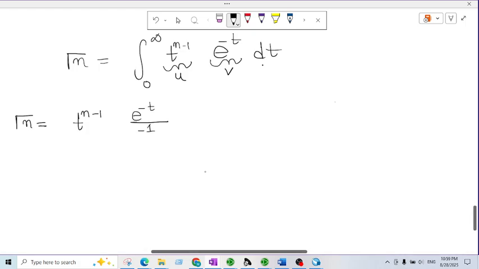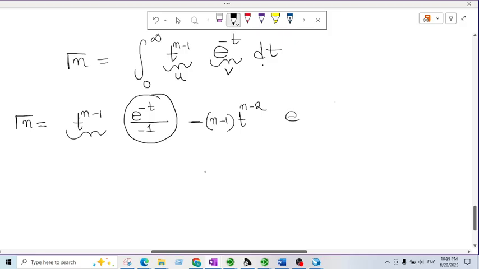Then I write minus, and differentiate this thing: I get (n minus 1) t to the power n minus 2, and integrating, I get e to the power minus t, minus 1, and since I already have a minus 1 here, it becomes plus 1.